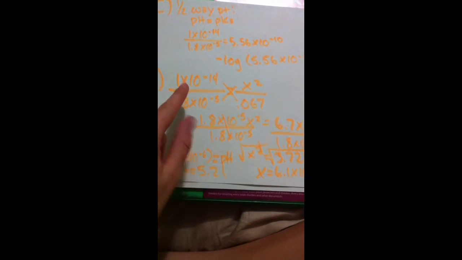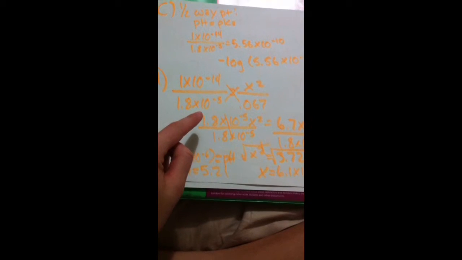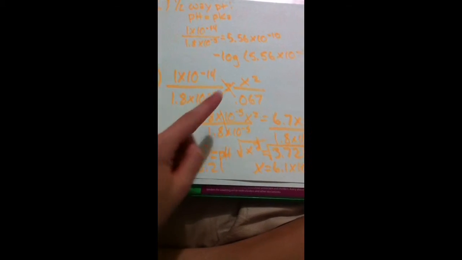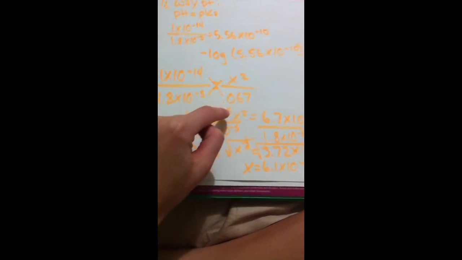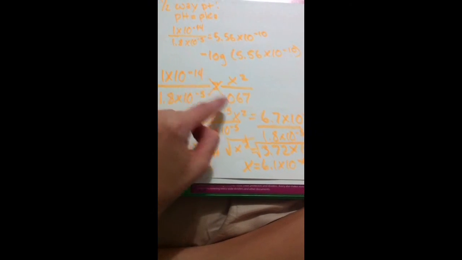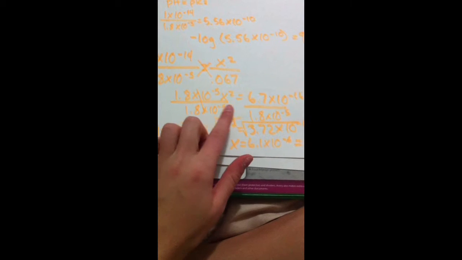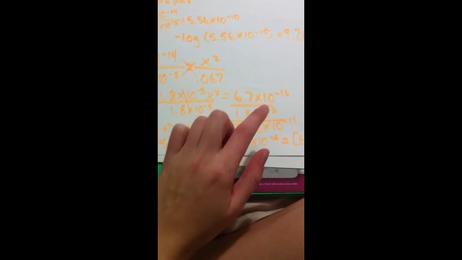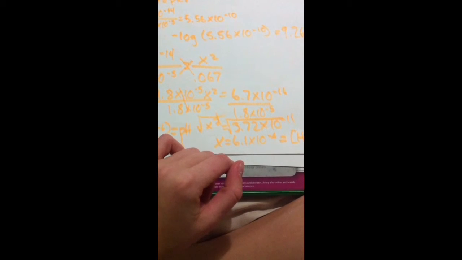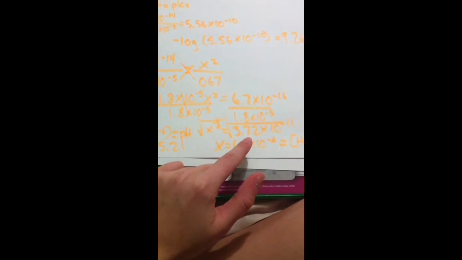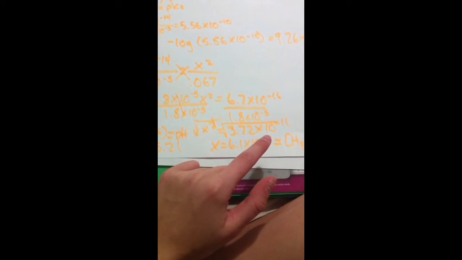up the equation like you're going to get Ka, but you set it equal to x squared over 0.067, then you cross multiply, and you will get 1.8 times 10 to the negative 5 x squared equals 6.7 times 10 to the negative 11. You divide both sides by 1.8 times 10 to the negative 5th, and you get 3.72 times 10 to the negative 11.